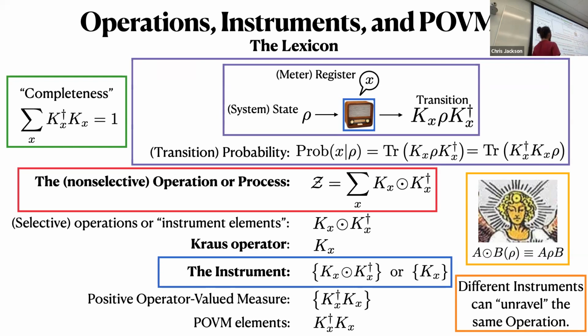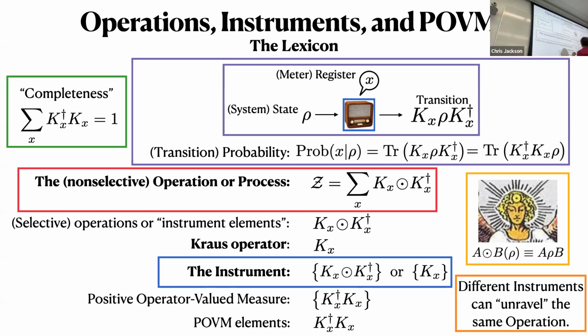Probably far more popular in the modern activities of quantum information is this super operator, the so-called non-selective operation, or process. If you pay attention to stuff that Sandia is doing, you hear about the process matrix. We're talking about this thing, the sum over all outcomes.